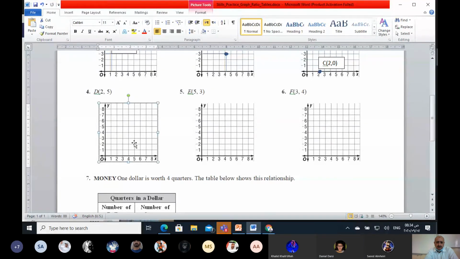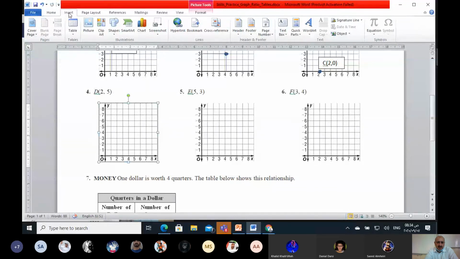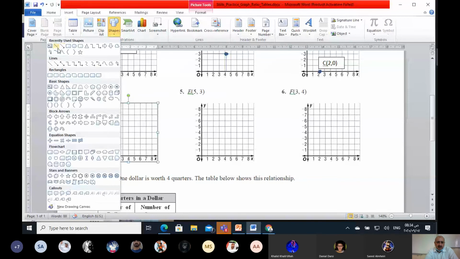Okay, here we have the coordinate plane. This is the horizontal line x-axis, and this is the vertical line y-axis, and this is the intersect point O, or origin, 0, 0. How to draw now D, 2, 5? What's the meaning of 2? 2 means the location on the x-axis, and 5 means the location on the y-axis.